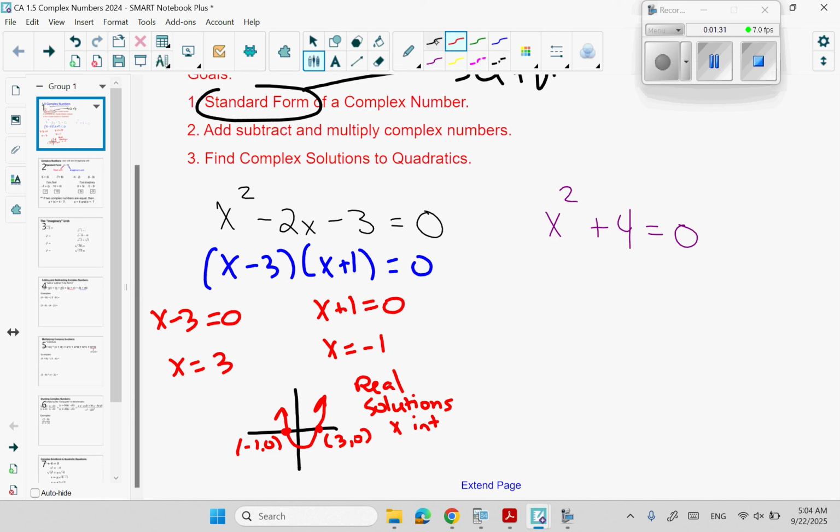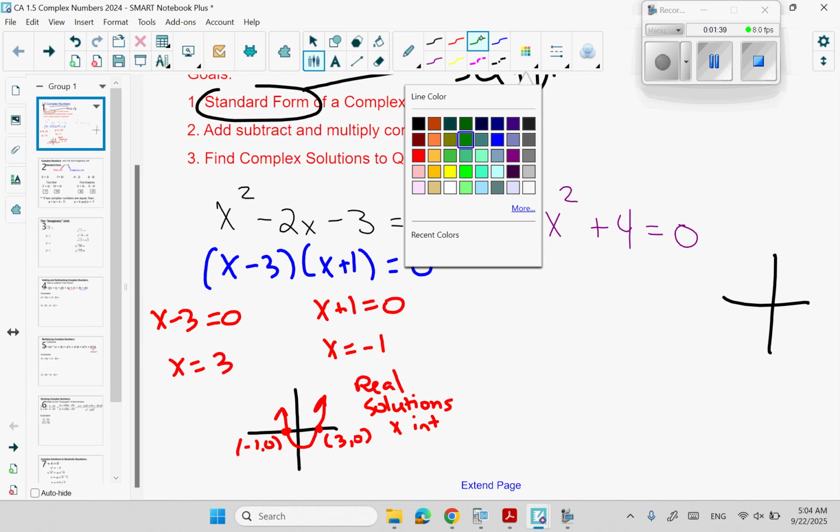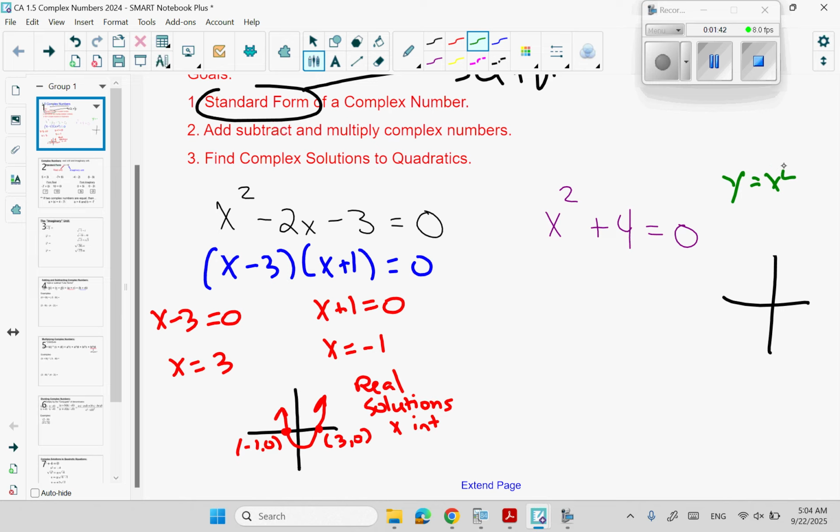Now, if I were to graph x squared plus 4 equals 0, it would look something like this. Well, we all agree that y equals x squared would be this graph right here. So x squared plus 4 would look like this. Everything has just been shifted up 4 units.